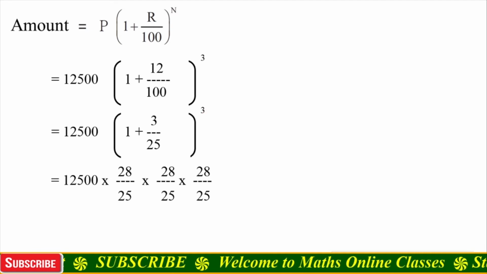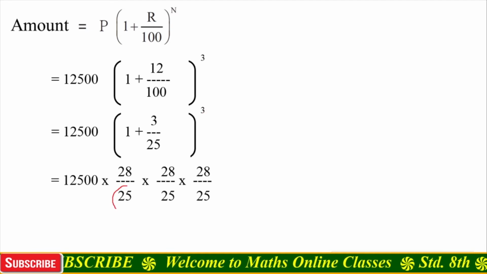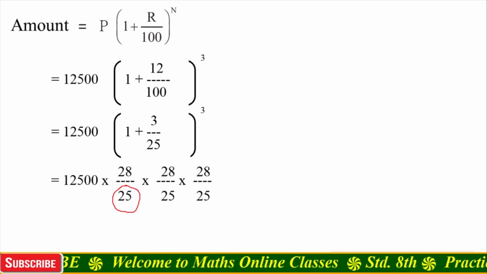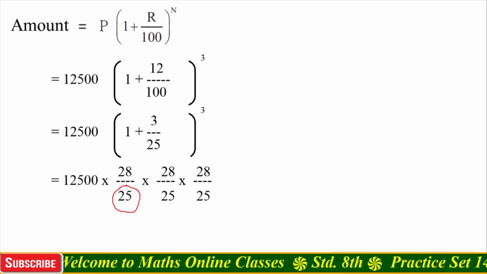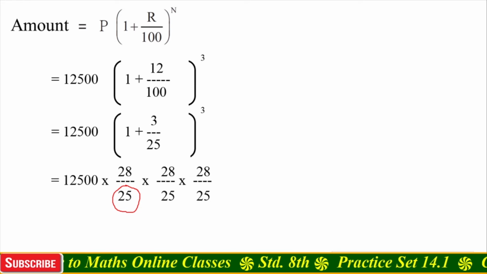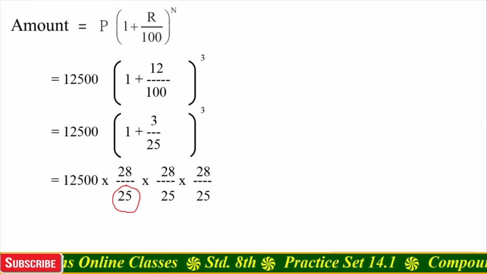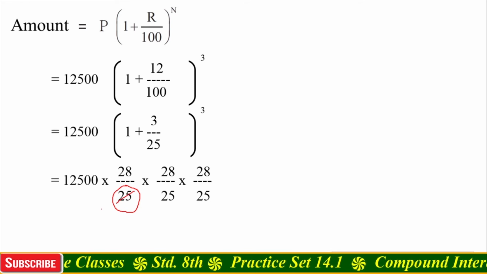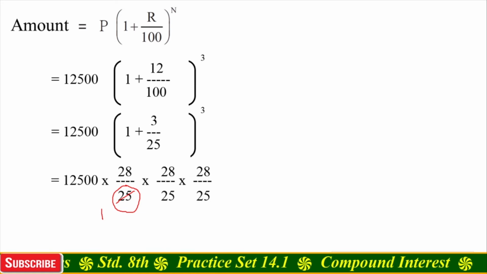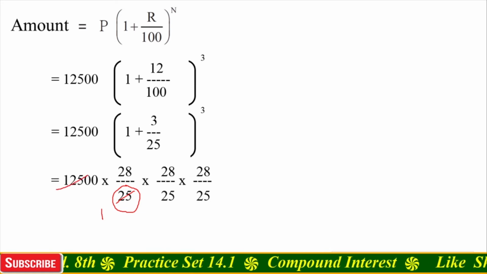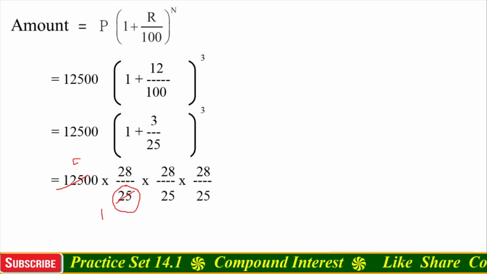Okay, now what we will do? Here there is 25 and 12,500 is divisible by this 25. So we will divide it. 25 ones are 25. 25 5s are 125.